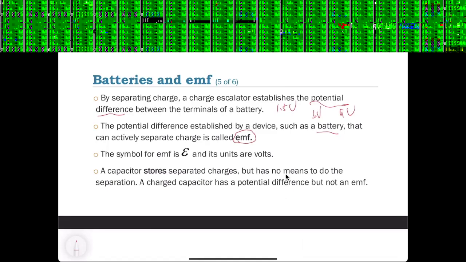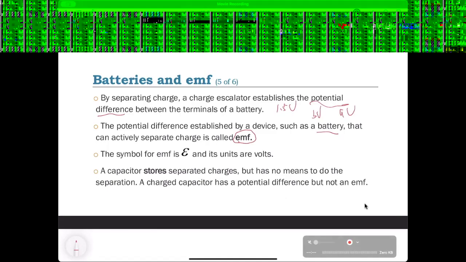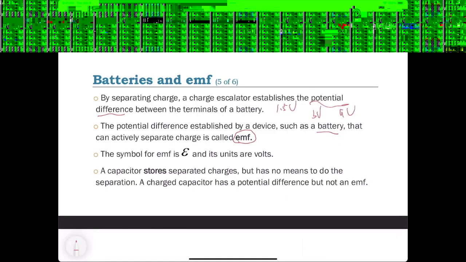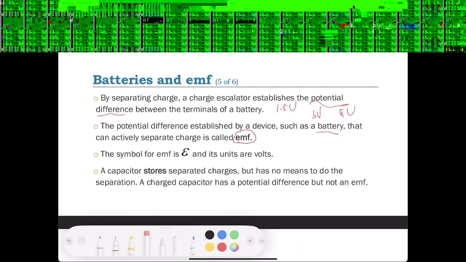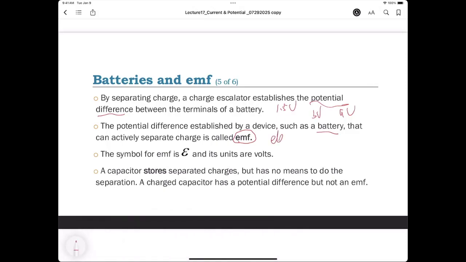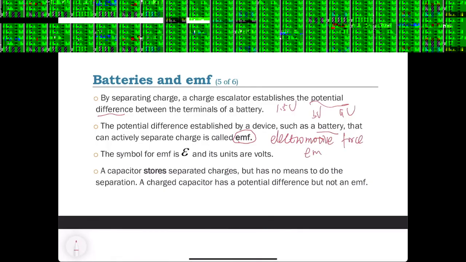Now you know what EMF is. The full name for EMF is electromotive force. The short name is EMF.